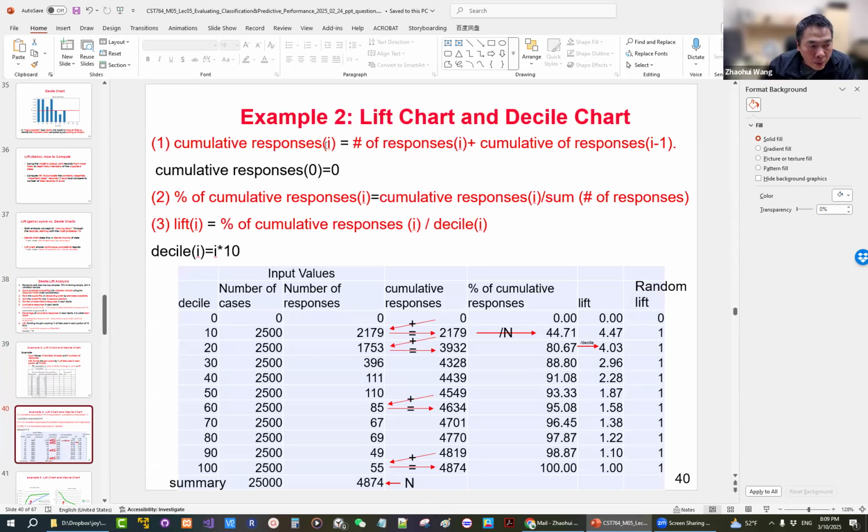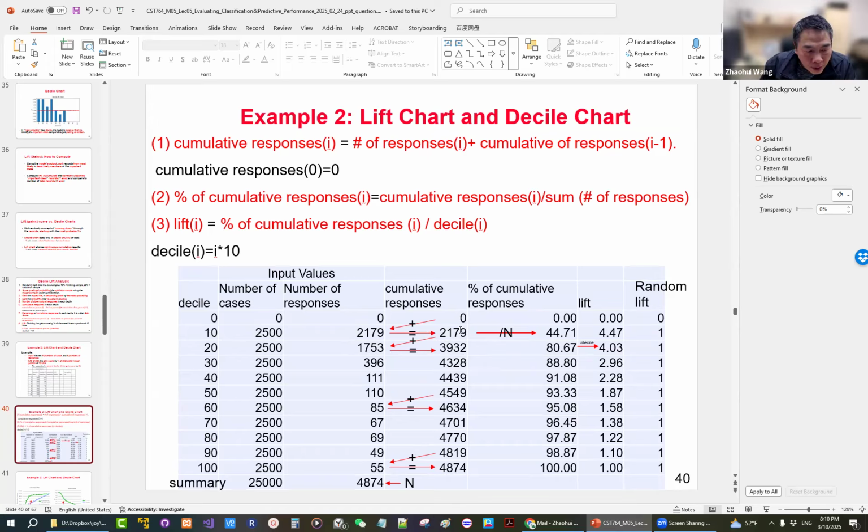The cumulative response column accumulates the previous cumulative value plus the current response, increasing until it reaches the maximum of 4874.